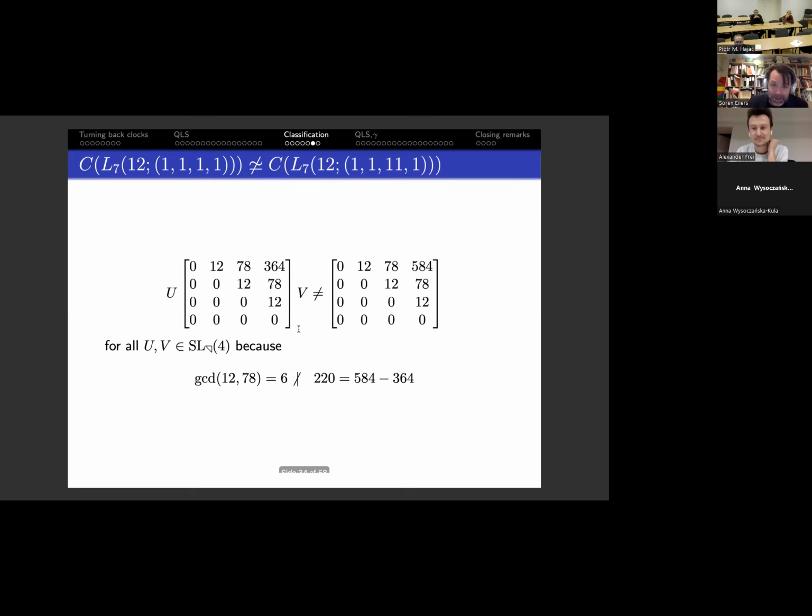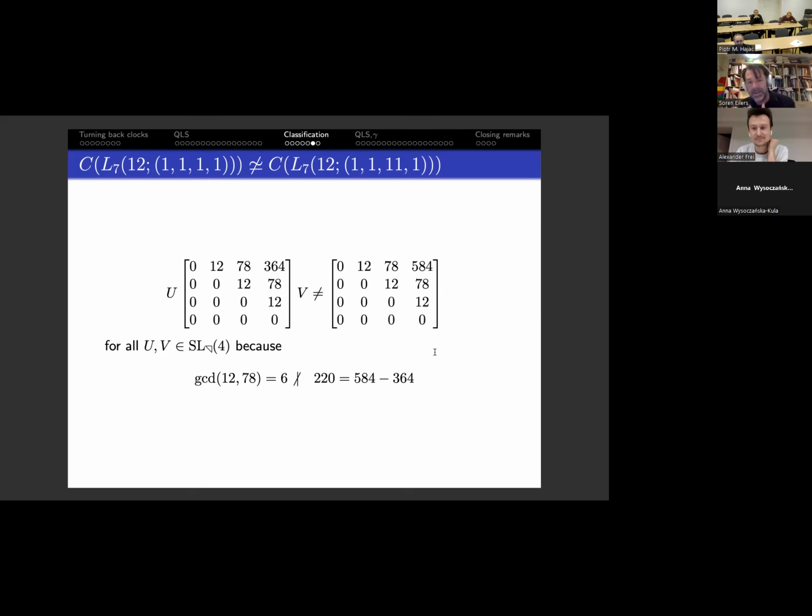The prime factorization of 78 is 2 times 3 times 13, so the GCD of 12 and 78 is 6, and 6 does not divide 220. So whatever I do to the 1-4 entry has to be a multiple of 6, and I cannot change it by 220 this way. So this really is why I know that these C-star algebras are different.